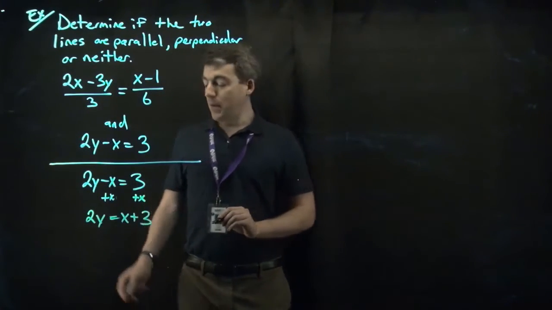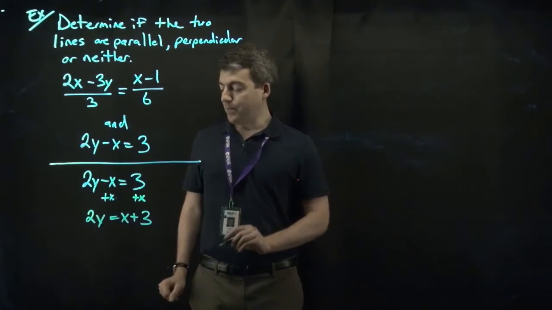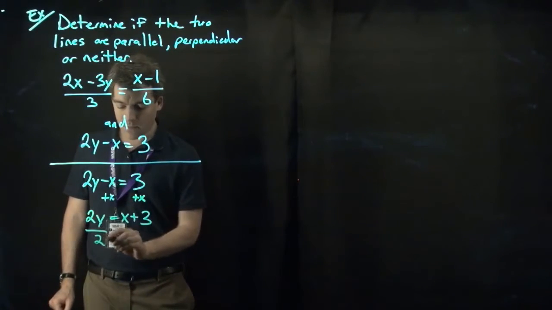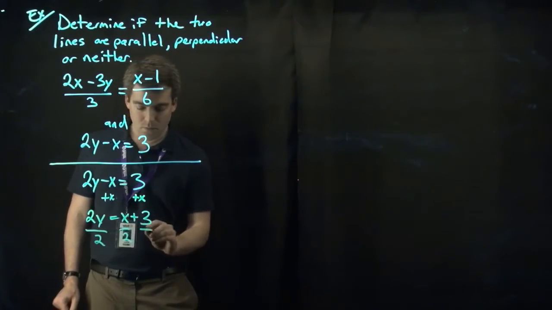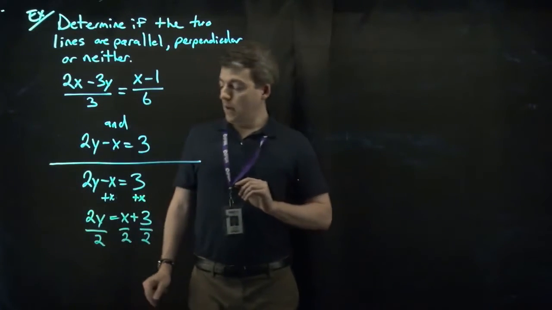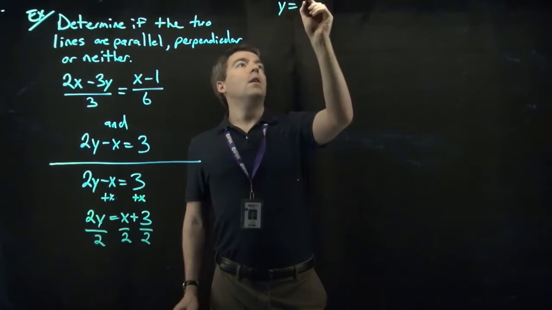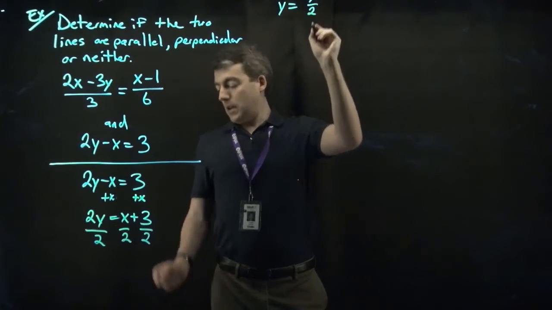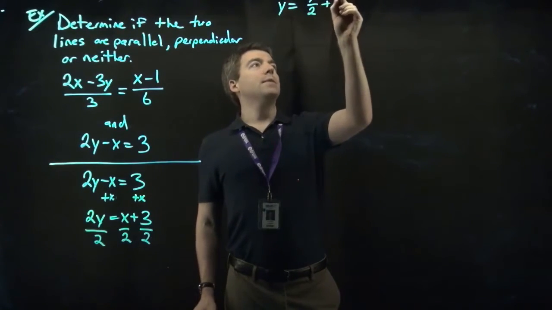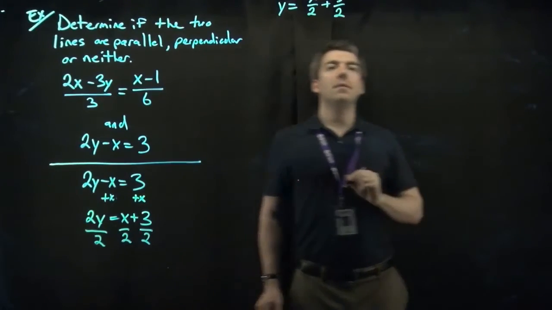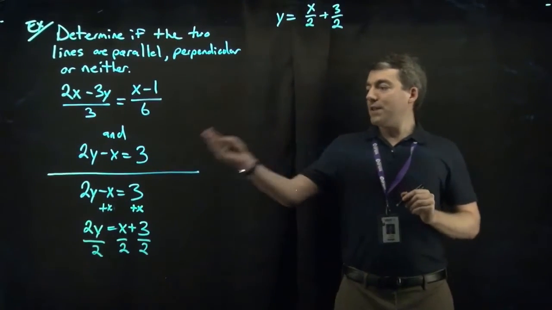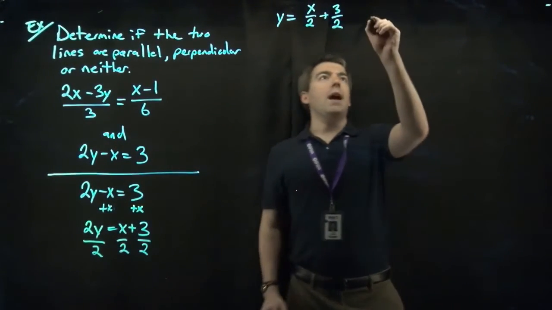And now the last step, we'll divide by 2. So we'll have y = x/2 + 3/2. All right, so the slope of this line is 1/2.